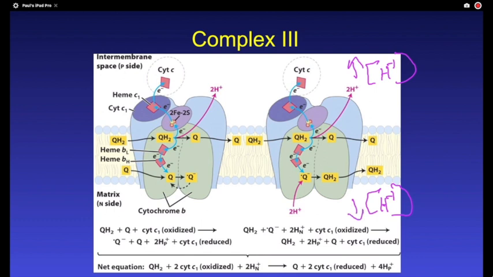If I take protons and move them from one side to the other, I make one high, one low, right? That seems reasonable. But this process right here, where protons are taken from the inside and combined to QH2, also makes that lower without pumping anything across. So there's more energy created than just putting it across. I put it across to make this one higher, and I suck up extra protons inside the matrix to make it lower.